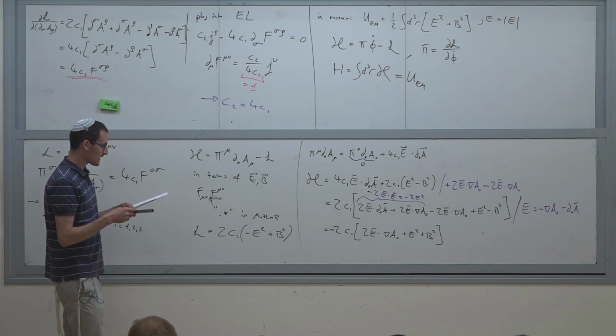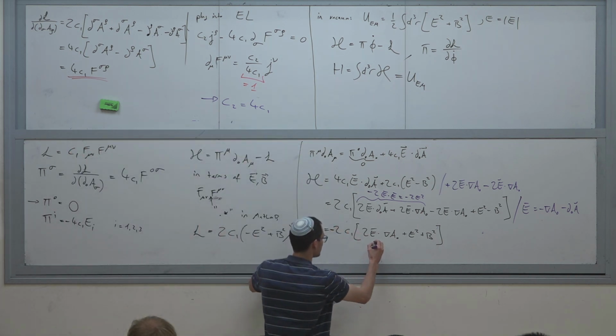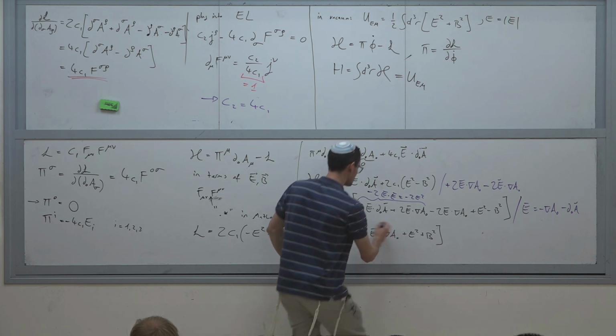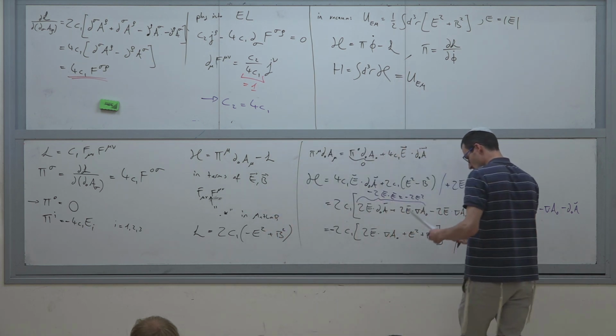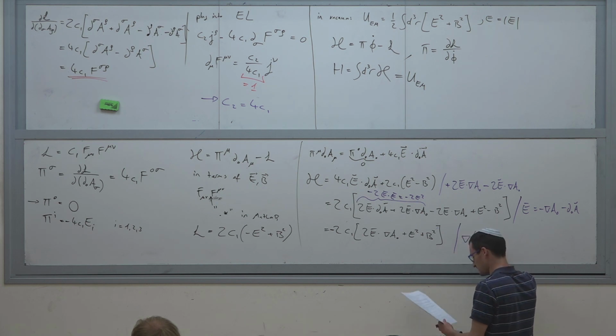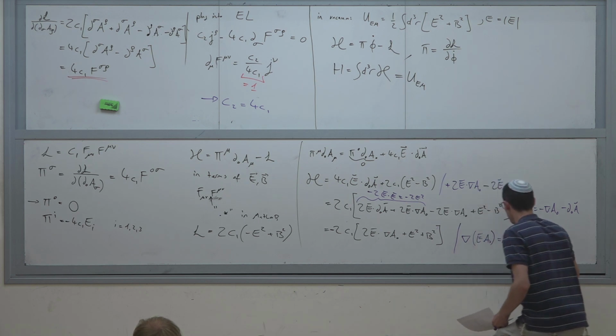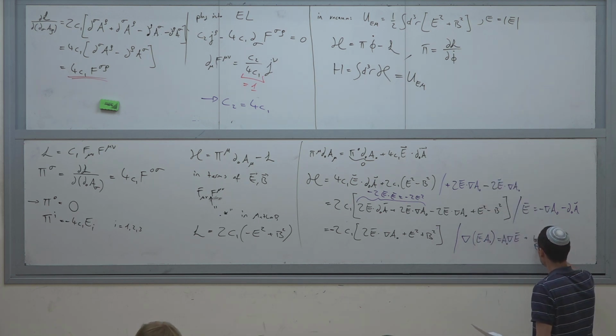Okay, now what we have to do is something smart with this messy term. If you take the divergence of E times A0, what you get is the divergence of E times A0 plus E dot the gradient of A0.